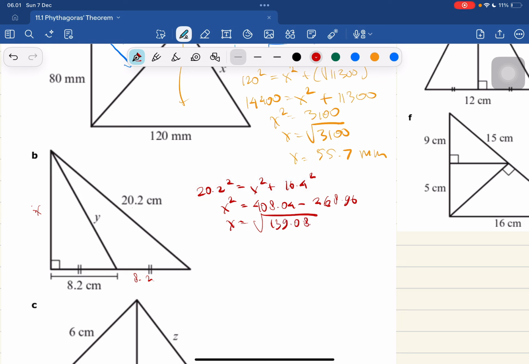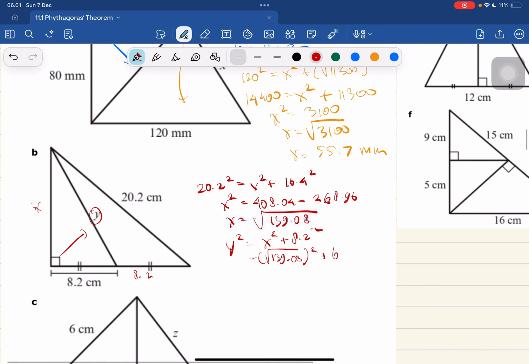So x is the square root of 139.08. Okay, let's find the y. This is the hypotenuse, so y squared equals x squared plus 8.2 squared. So x squared we got is 139.08, and 8.2 squared is 67.24.